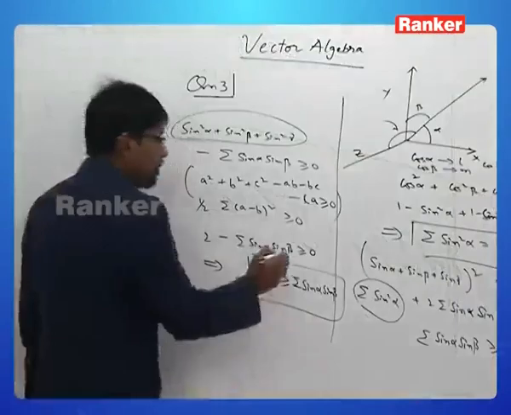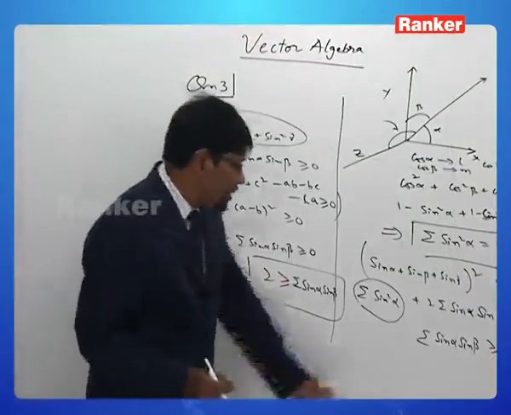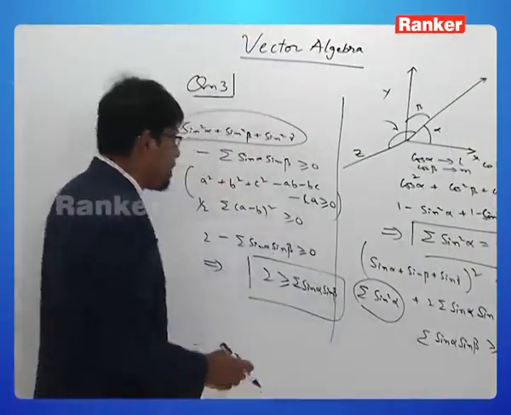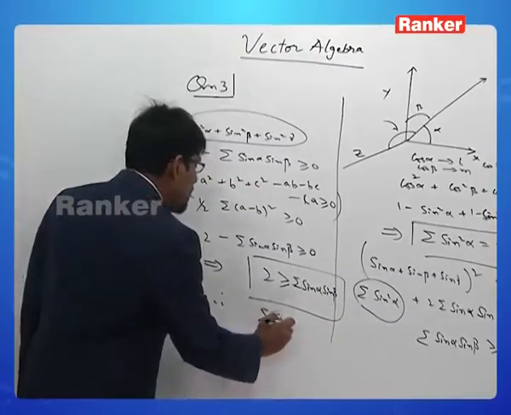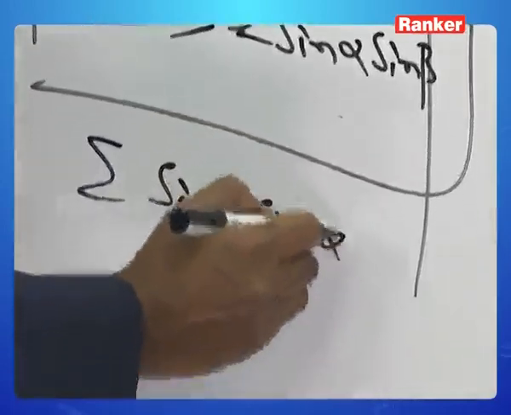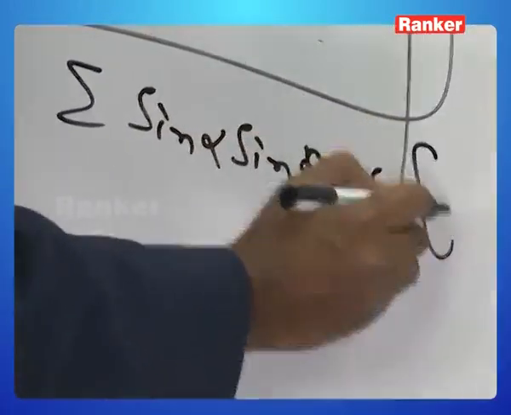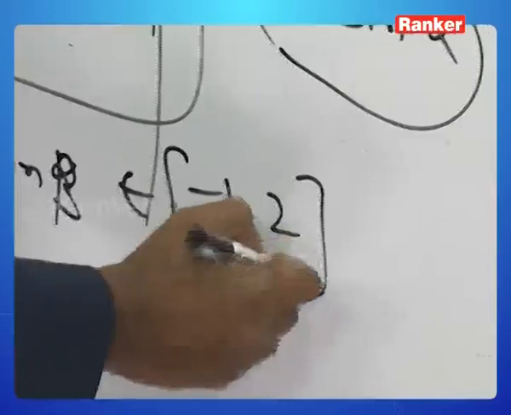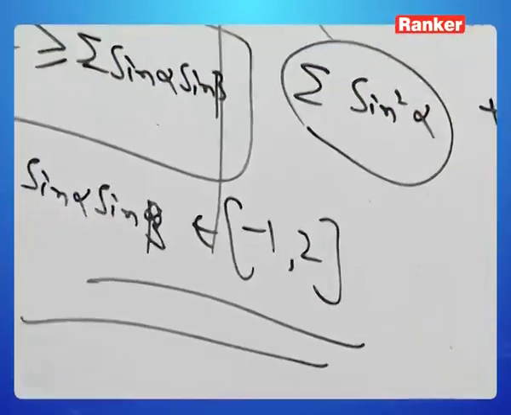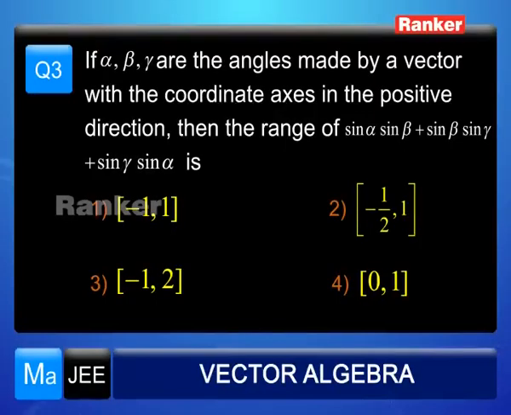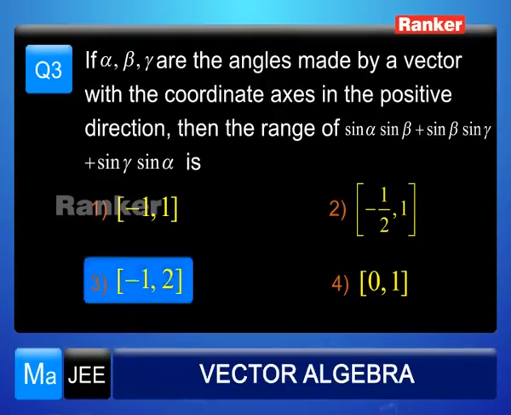So now combining these two observations, what can I write? Sigma sin alpha sin beta will have to belong to the closed interval minus 1 comma 2. So this is what we observe, and clearly option 3 is the right answer.